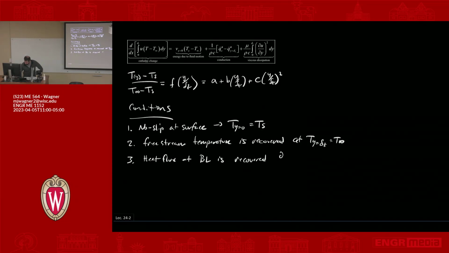That's saying my partial of temperature with respect to y, or minus k times that, which would be another way of saying q dot double prime at y equals delta t is equal to 0. This left-hand side would be evaluated at y equals delta t. So Fourier's law here, or the term we define for that, is equal to 0.